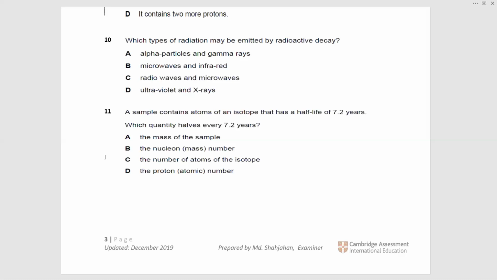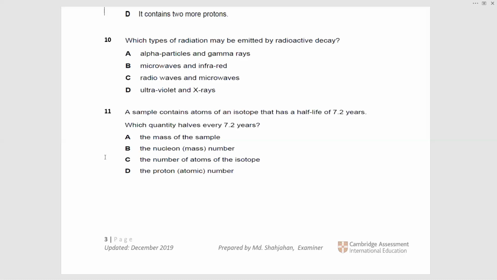The sample, after a half-life, also has the product in it. So the mass of the sample will remain the same. Like if it was 8 gram, it's still 8 gram, but the mass of the radioactive isotope is becoming half.